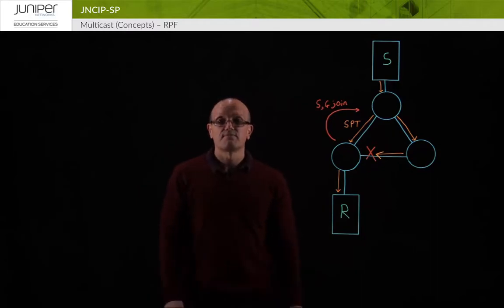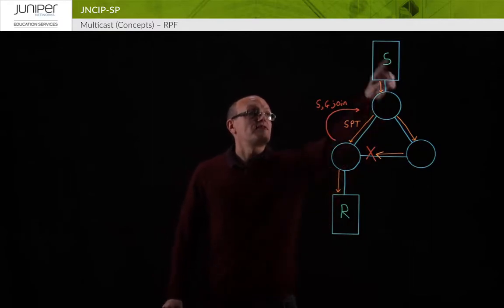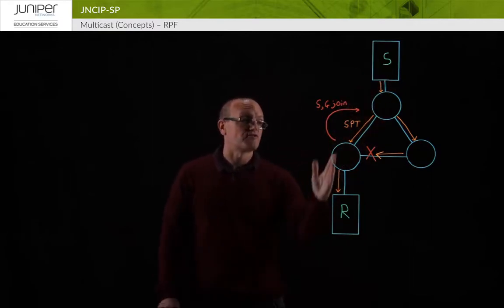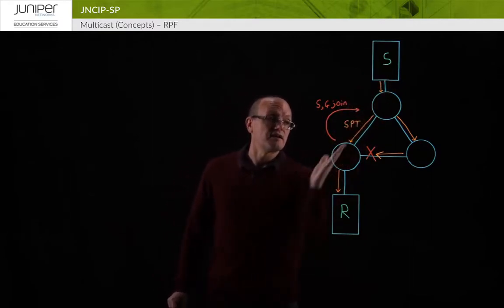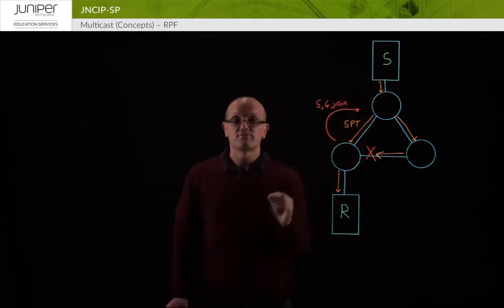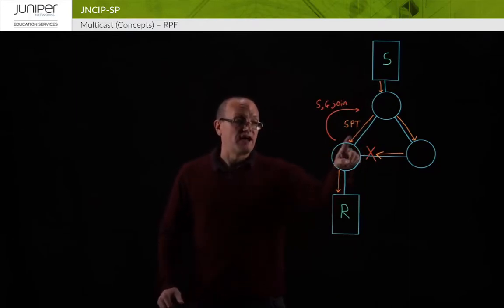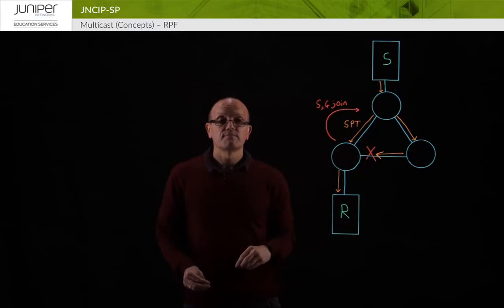So in this case here, the source is located here, and the best path to that source is via this link in the network. So multicast packets from this source received over this interface pass the RPF check and can be onward forwarded.